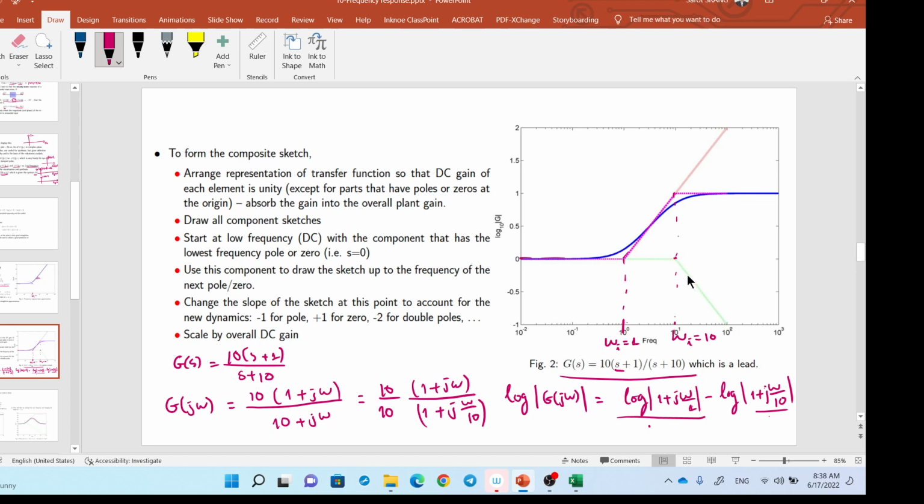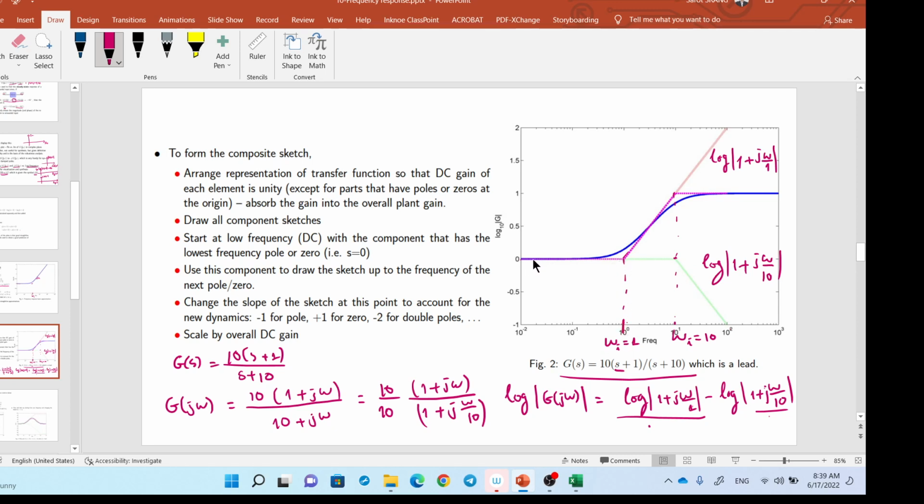So the green one is for the log of 1 plus j omega over 10, and the orange here is log of 1 plus j omega over 1, and then you add the asymptotes together, the orange plus the green, from 0 to omega I equal to 1 here.